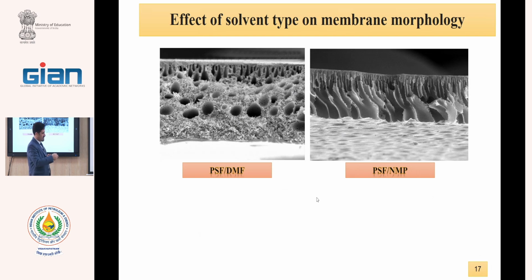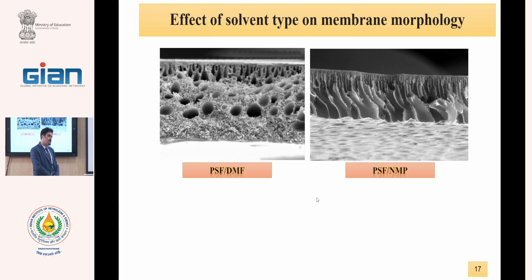In NMP, we have a low viscous solution. As you see in this slide, with change of only the solvent, the morphology of the membrane changed from finger-like to the macrovoid structure. Okay, the solvent is very important because that influences the exchange rate. Okay, thank you.